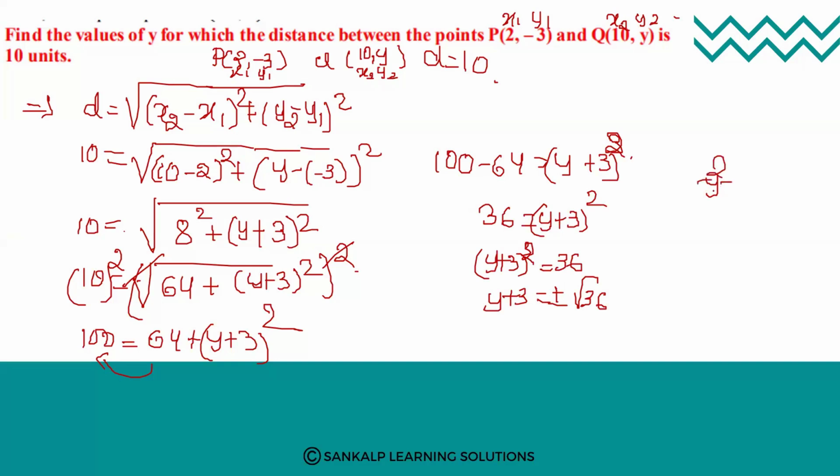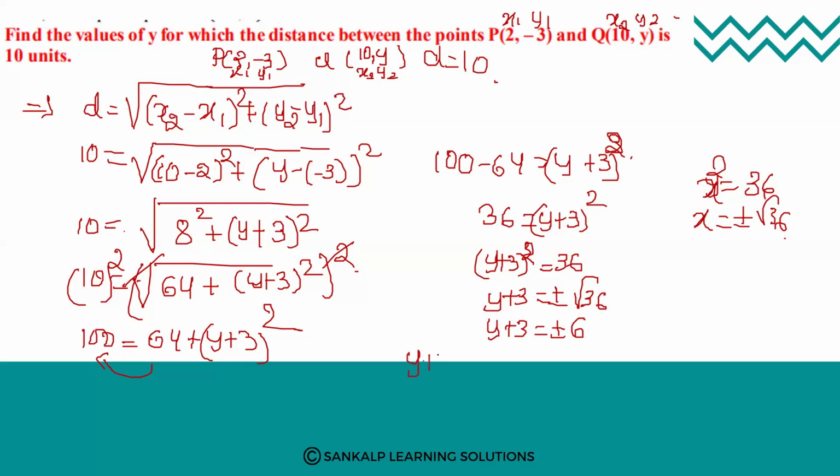That means if we take it as x, x square is equal to 36, then x value becomes plus or minus root 36. To remove this square, we put a square root here. Right. Next, 36 is a perfect square number. So what is its square root? It is 6. Now 6 has two signs, that is plus 6 and minus 6.